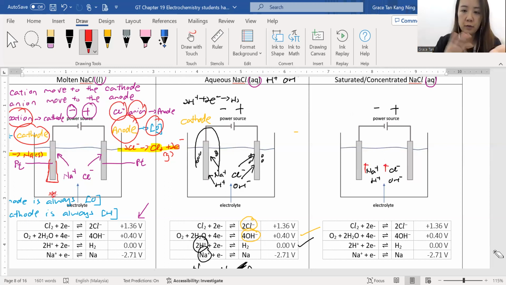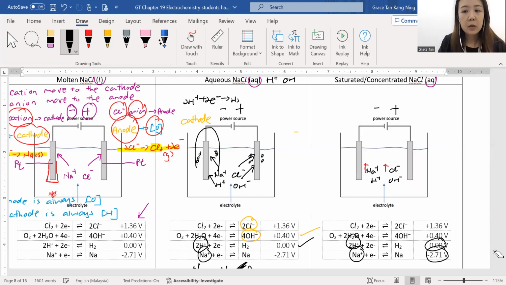We don't play concentration for cation. So we would like to solve the cation first, which does not involve concentration at all. Regardless of the concentration, we have learned that for cation, we'll pick the more positive version. So put your attention at the table again. You have H plus and Na plus.